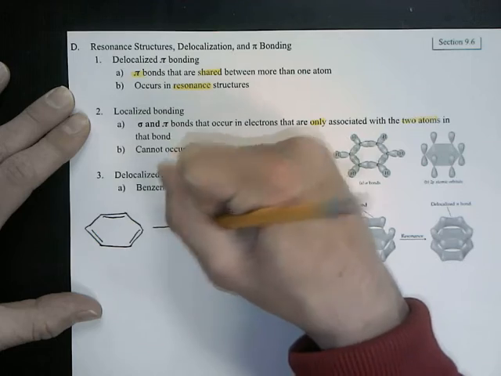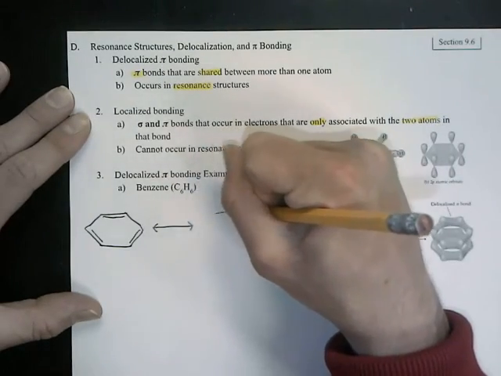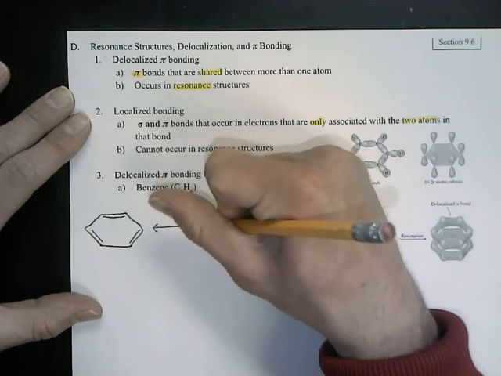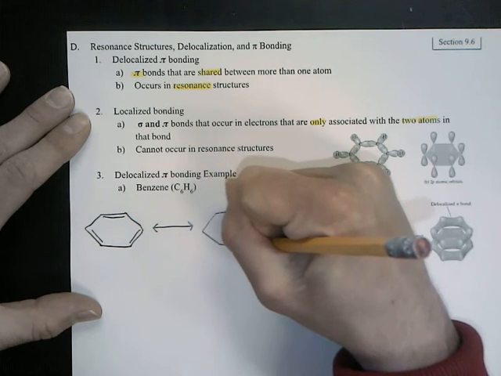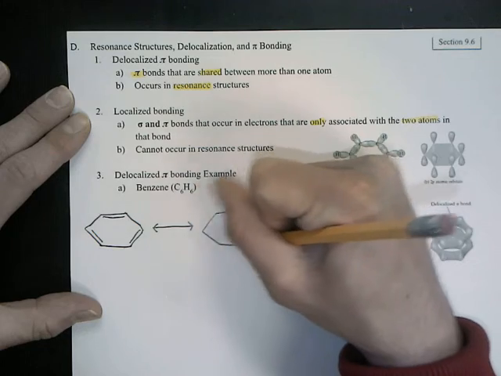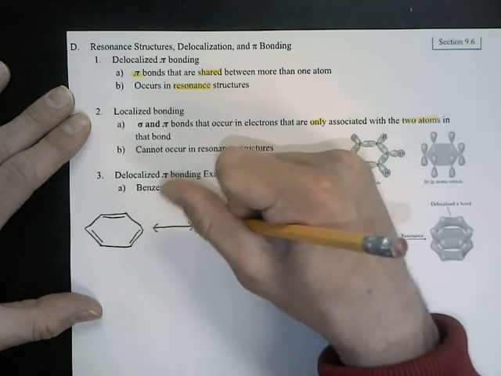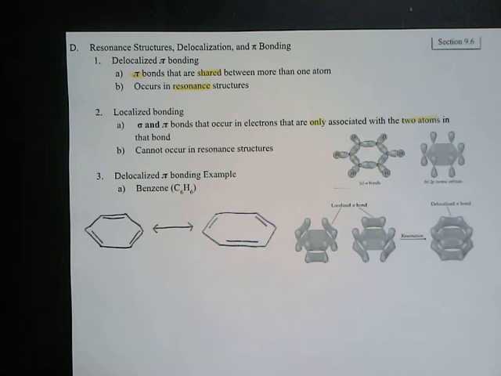Now, it can also be drawn where those double bonds essentially flip places. So remember, where there is a double bond, there is one pi bond. So again, as this happens here, essentially the location of our pi bond flips, and so you delocalize that pi bond, meaning, hey, it can flip around as that double bond flips in these examples.